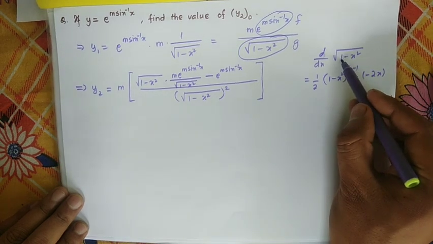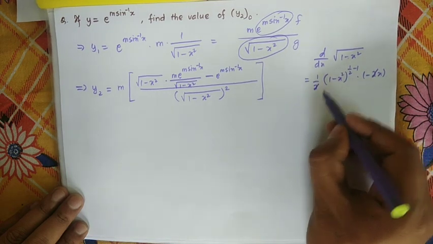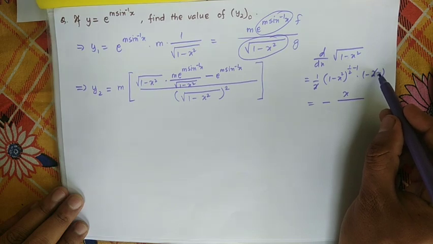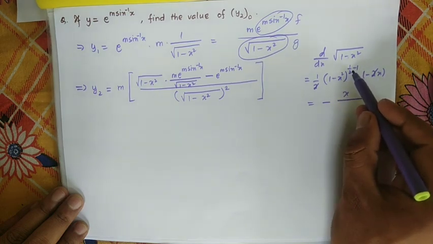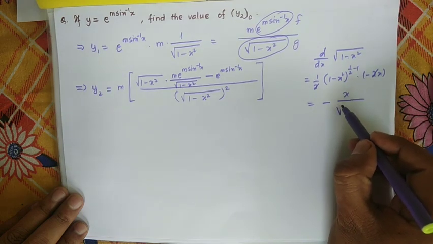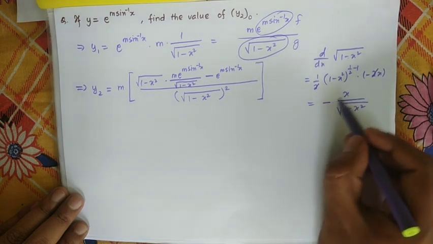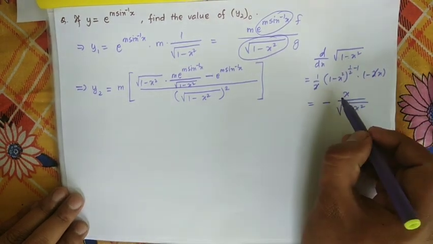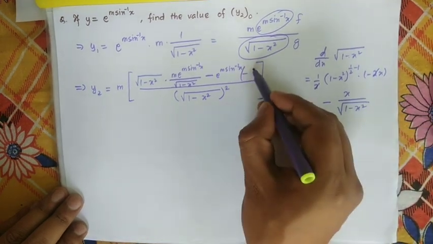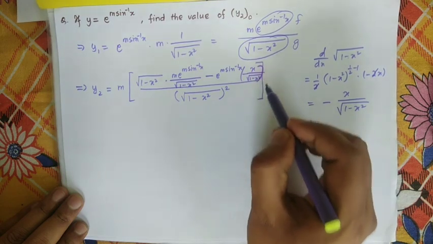For 1 it is 0, and for minus x square it is minus 2x. So 2 and 2 get cancelled, so this is equals to minus x. Okay, in the numerator we have got x, and this is to the power minus half. So to the power minus half, when it goes to the denominator it becomes square root, so I have this much. Okay, so this is the differentiation of this one. So instead of this I can write minus x by root over 1 minus x square.